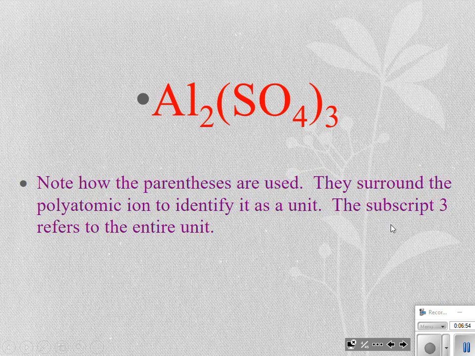So if I am looking at these, I see that sulfur, nothing behind sulfur signifies that there is 1. What's 1 times 3? 3. So in this particular formula unit, I have 3 atoms of sulfur. How many atoms of oxygen would I have? 12.